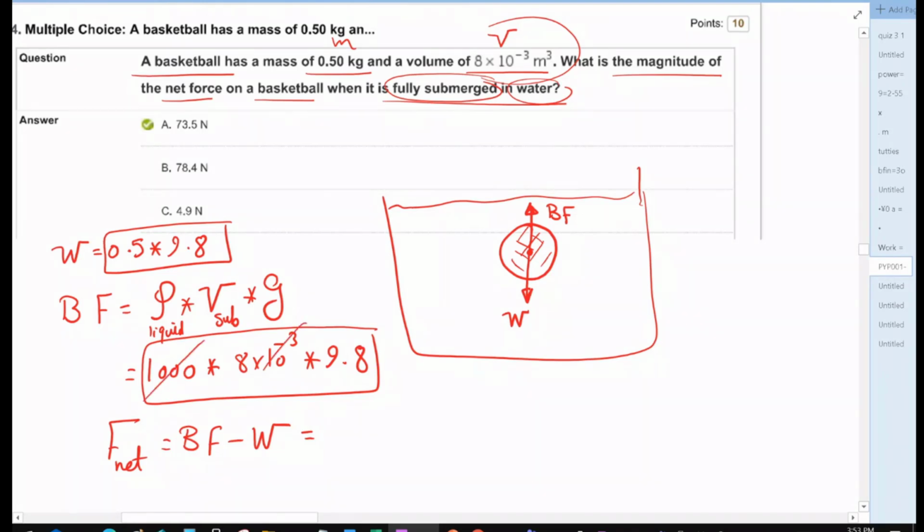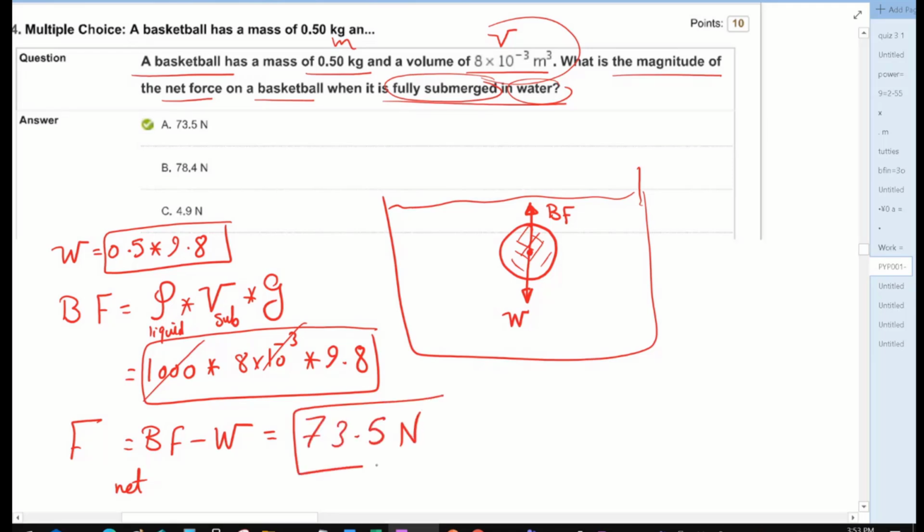This 1000 goes with the 10 to minus 3. So it becomes 9.8 times 8 minus 5 times 9.8. It's up to you. So it gives us 73.5 Newton. So this is the difference between the two forces.